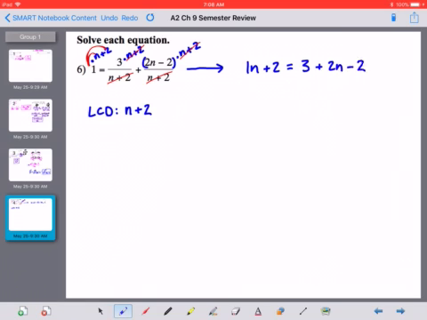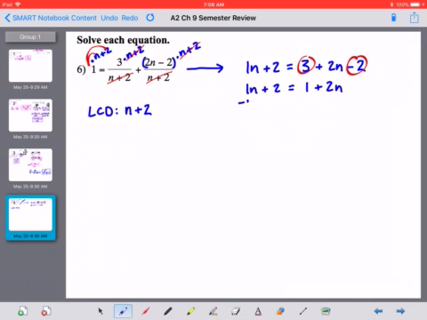All right, so now that we've gotten rid of all of the denominators, we can just solve this like we normally would. So first thing I'm going to do is combine these like terms on the left. I can combine this 3 and negative 2. So I end up with 1 plus 2n on the right hand side.